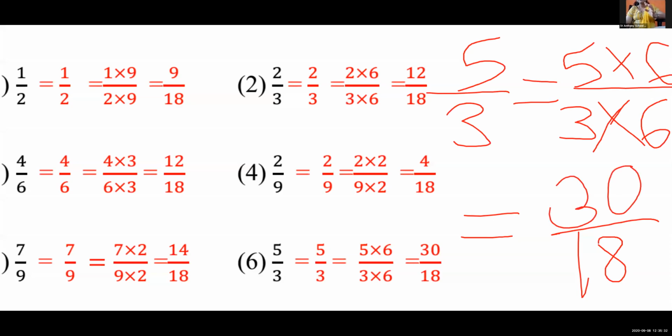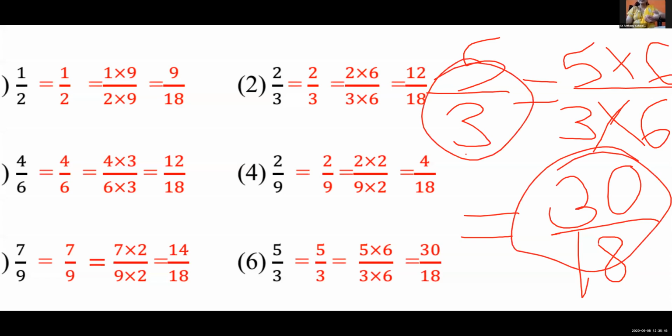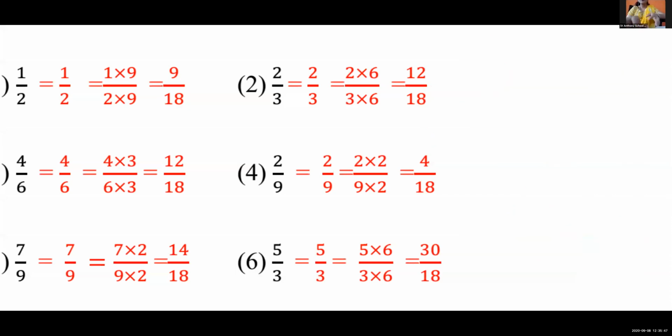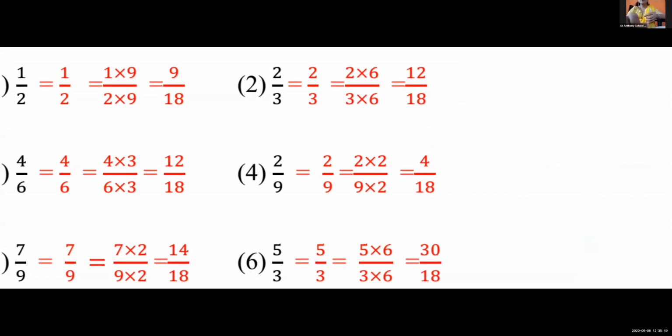Okay, 5 6s are 30 and 3 6s are 18. So 5/3 and 30/18 are the equivalent fractions. Okay, understood? I hope everyone understood this.